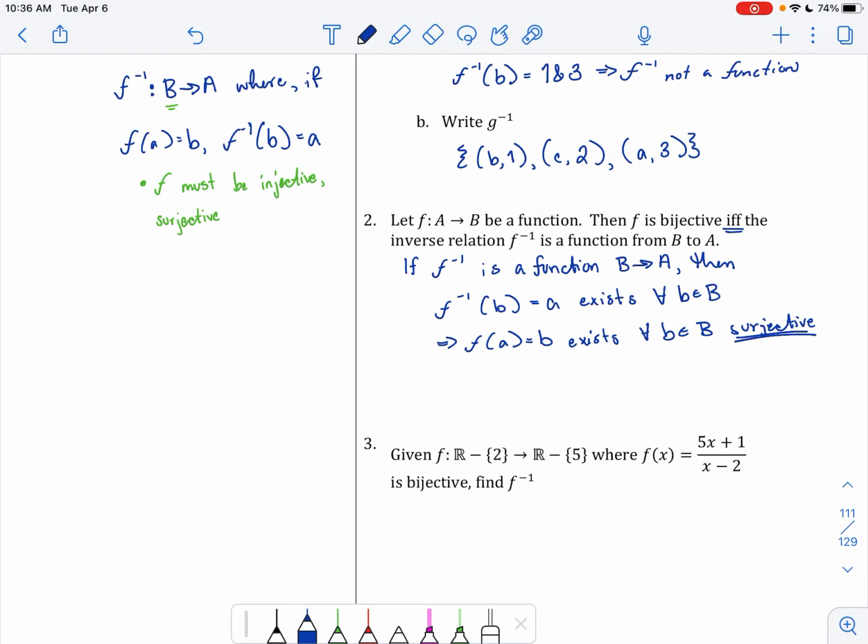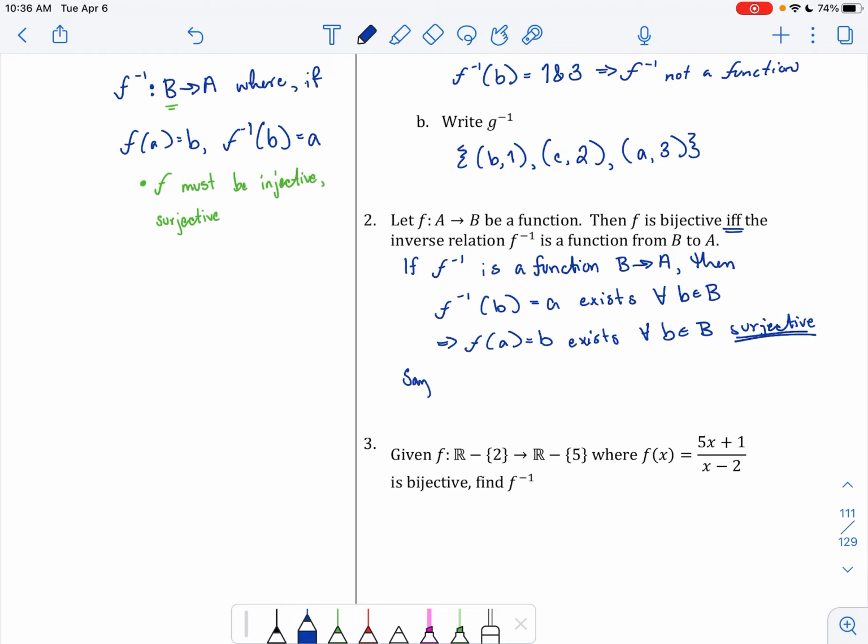If we want to prove injectivity, what that means is what we just illustrated in number 1a: if it's not injective, then f inverse would not be a function. You can prove this either by proving the contrapositive or by contradiction. I'm going to use contradiction.